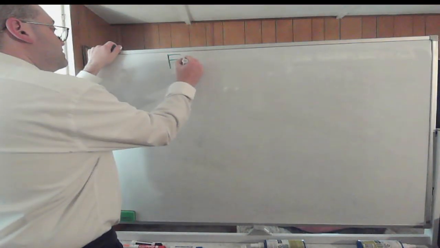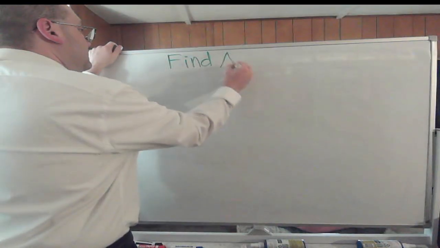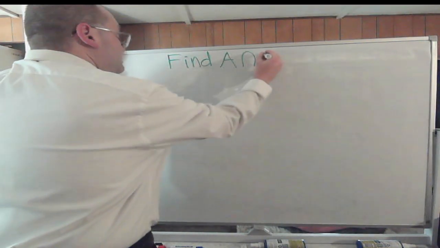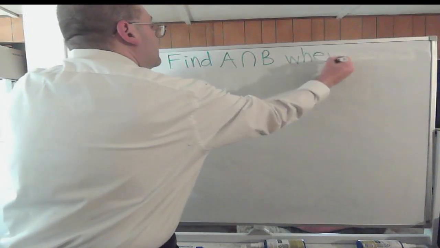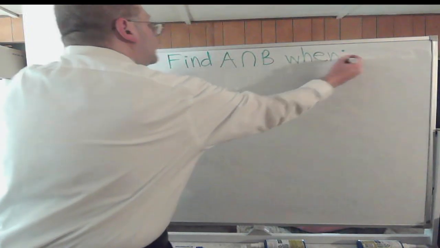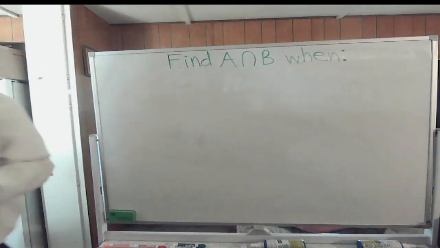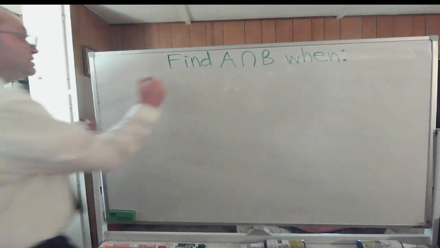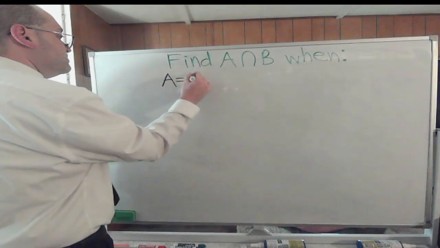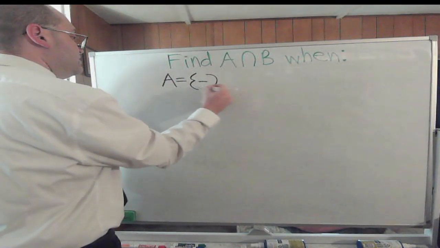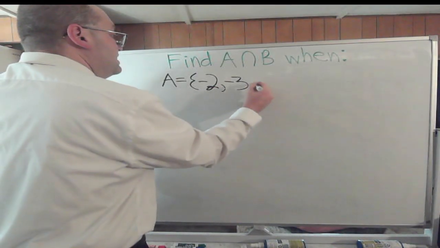So we are going to find A intersects B when set A has the members -2, -3, and then -4.